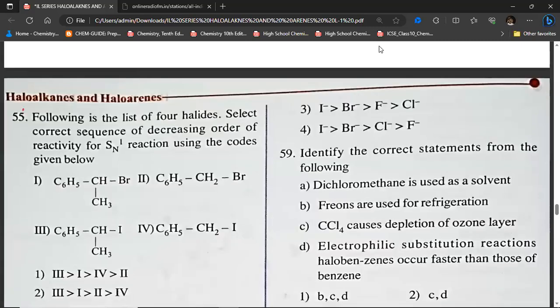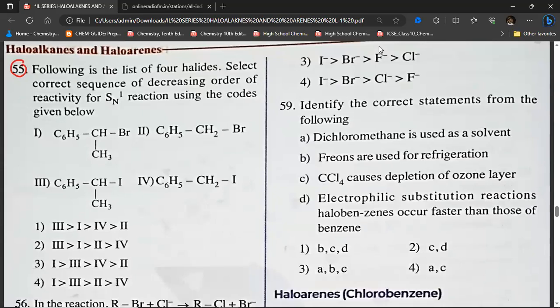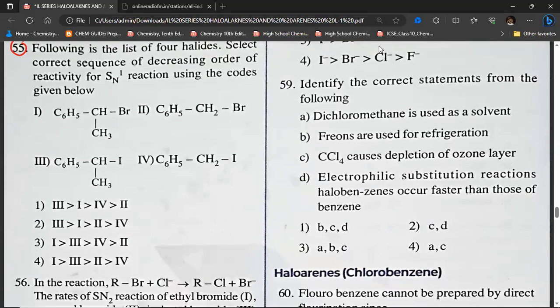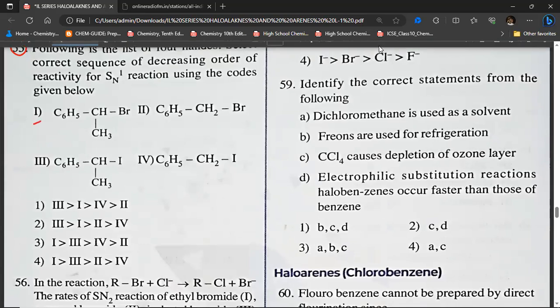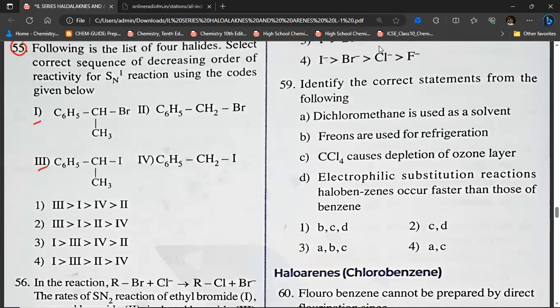Next, 55 we have. Following is the list of 4 halides. Select the correct sequence of decreasing order of reactivity. In the 4 Roman numerals, one thing you can understand is that the secondary group is said to readily undergo the SN1 reaction, followed by the other one with bromine. The first and second Roman numerals are the same type of alkyl halides, but iodide is a good leaving group, so we will go with iodide first, followed by bromide.